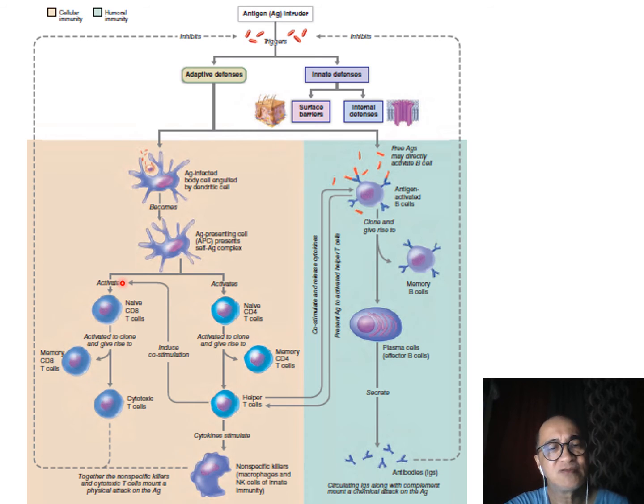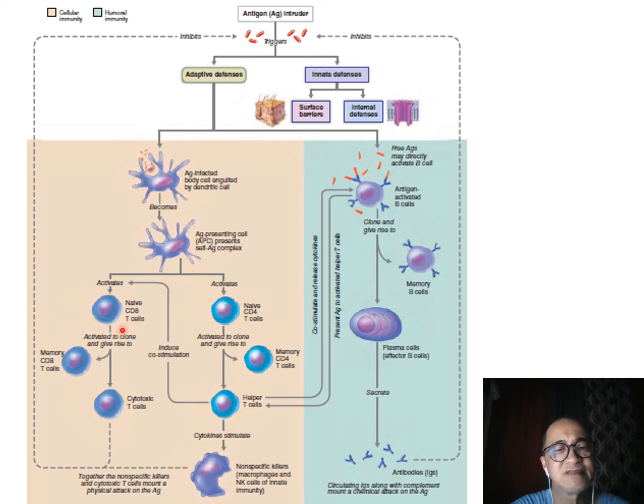Antigen presentation to these specific T cells activates them, causing them to undergo mitotic proliferation called clonal expansion. In other words, this activation causes the activated T cells that have encountered a specific antigen to multiply by mitosis, multiplying the activated T cells that can respond to the same antigen.